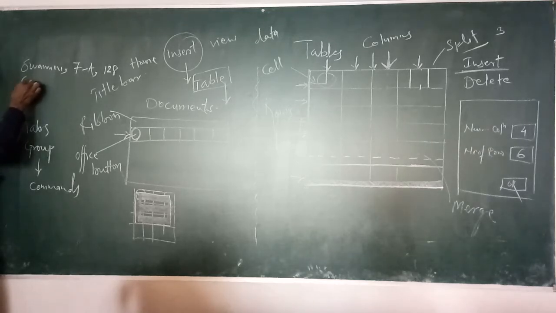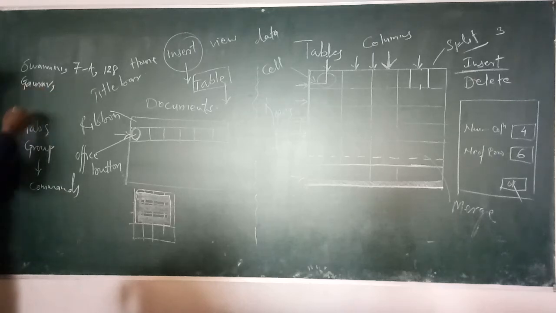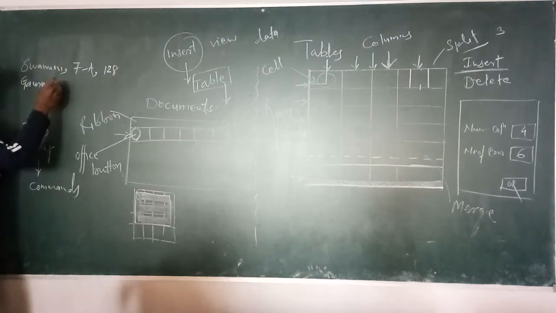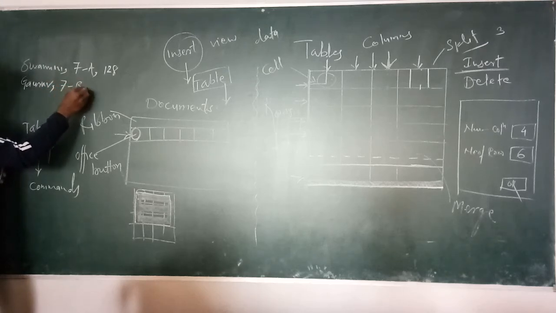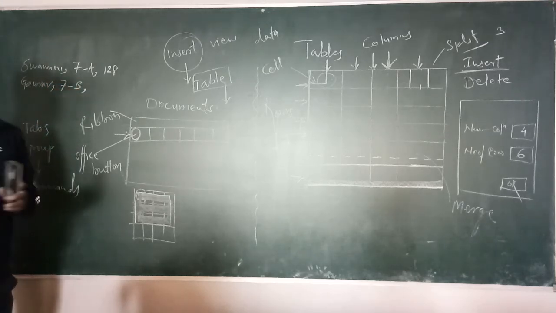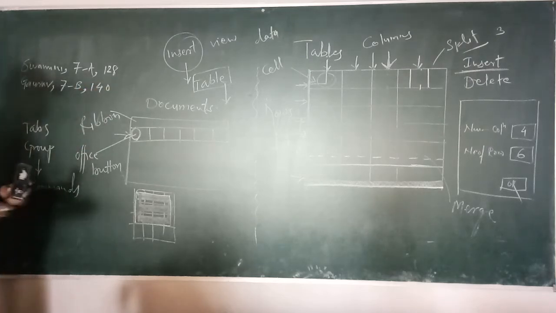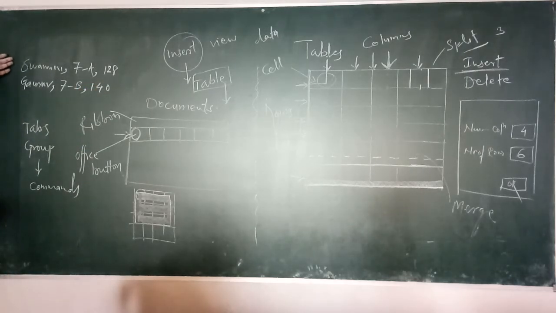We write Gaurav, then comma, then his class name, for example 7B, and again comma, and we write his marks, 140. So we are writing the information in a text manner.